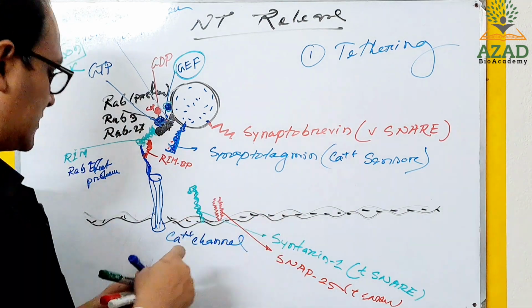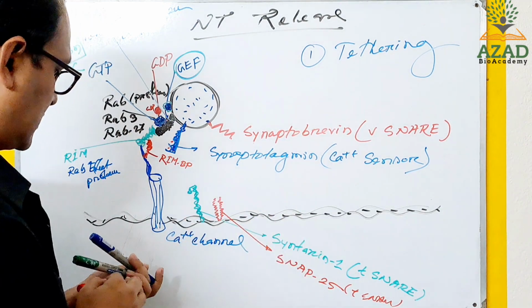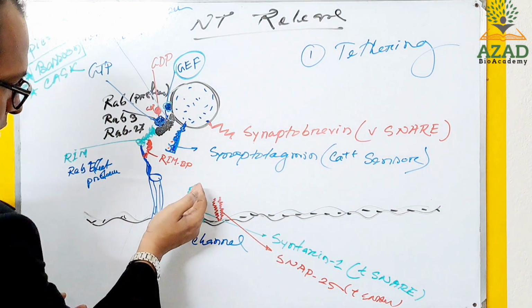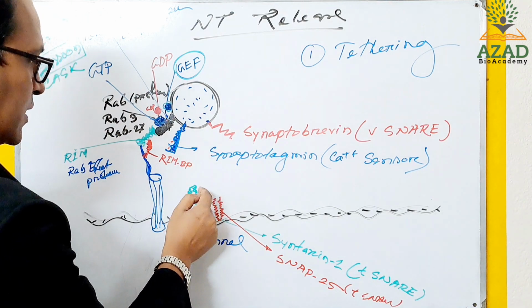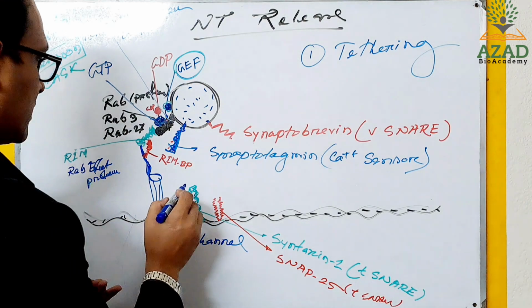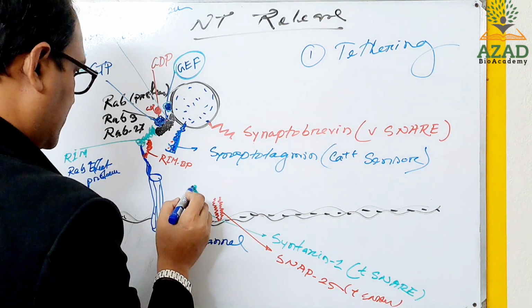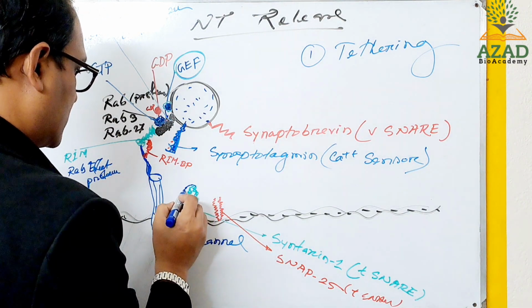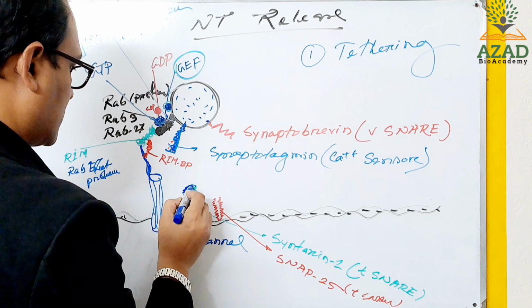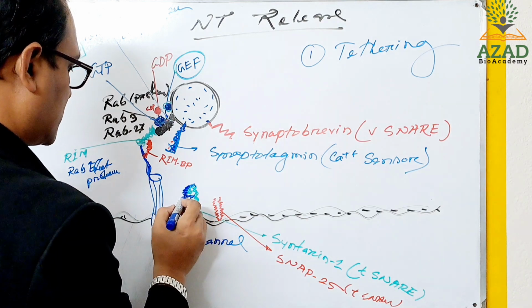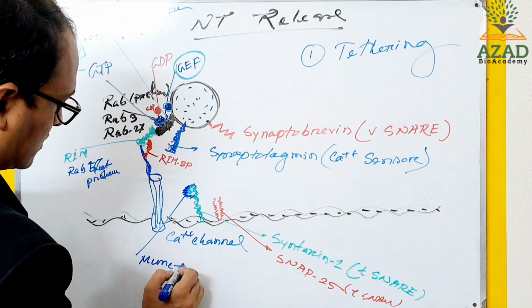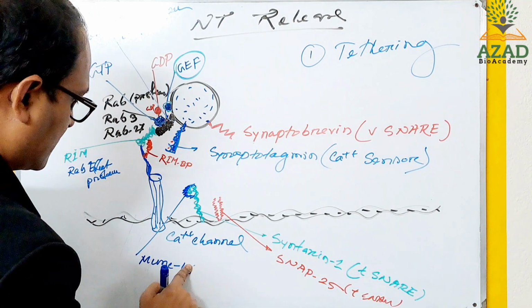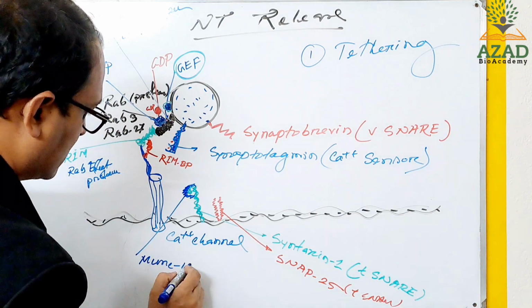And in the initial stage, syntaxin is folded, its motif within itself, and it is covered by a protein. This is called Munc18.